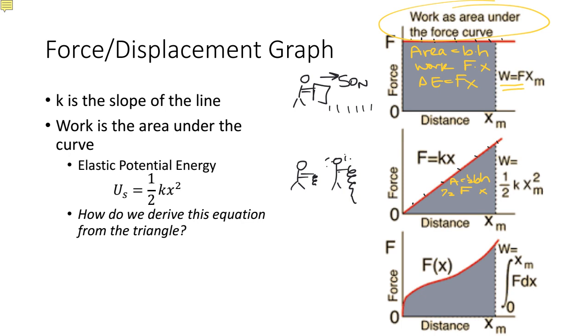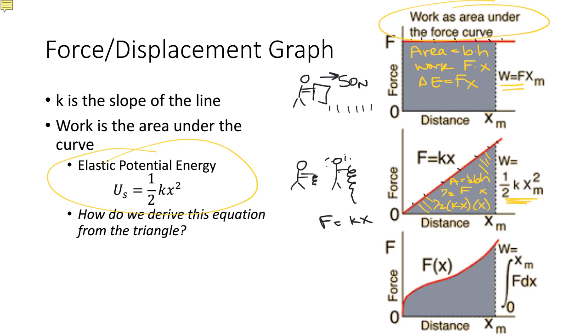However, we just learned that the force of a spring is kx. So we can substitute this force as kx multiplied by the base x, which would give us 1/2 kx squared. So that's why we can say that the work or potential energy is the area under the curve, and that it equals 1/2 kx squared.